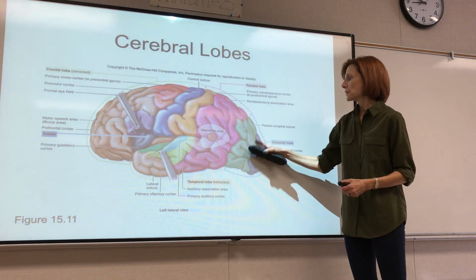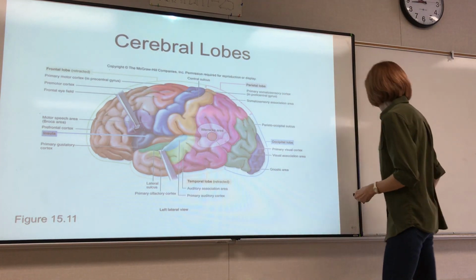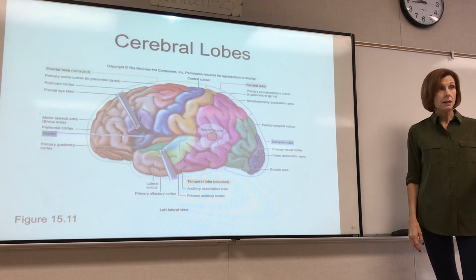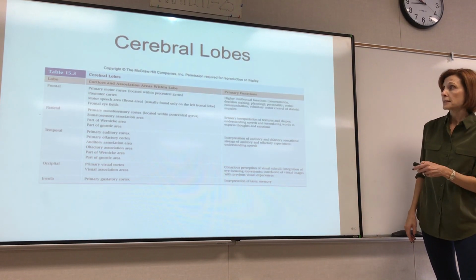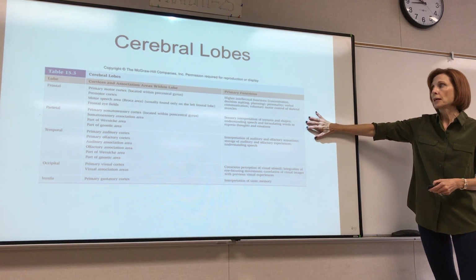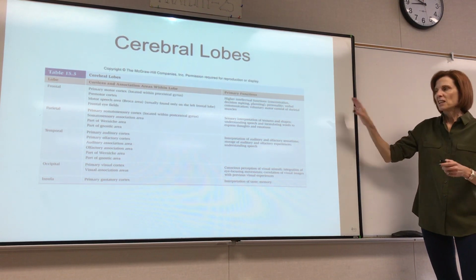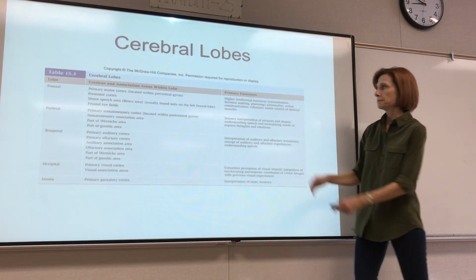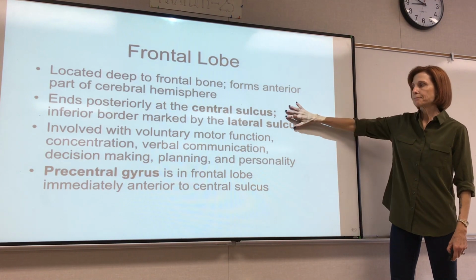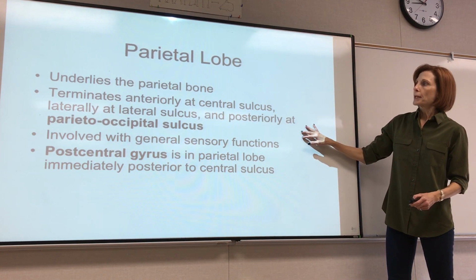These different areas shown in different colors are called the functional areas of the cerebrum, and we're going to talk about those next. This is just a little introduction, a little overview of each of the lobes. You don't really have to worry about all this. It's just FYI.